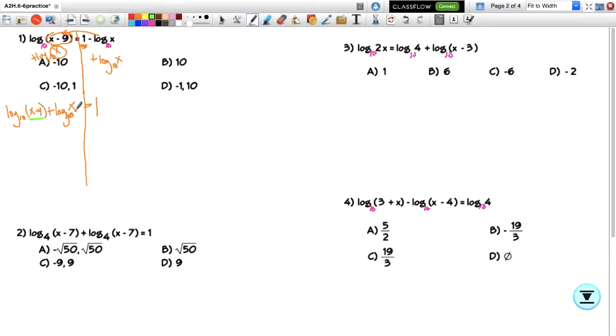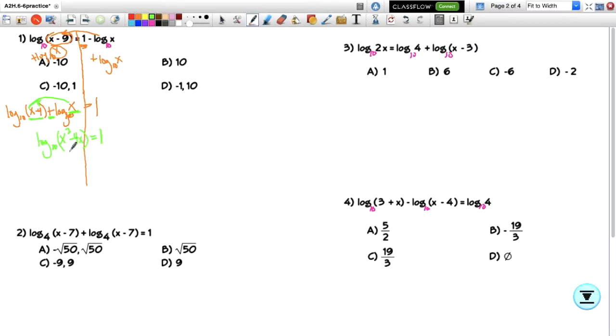So I'm going to take both of my ofs. Again, because they're being added, I'm going to multiply these two pieces together. This is a binomial, this is a mono, so I'm going to distribute it into both of those. And I end up with log base 10 of x times x, which is x squared, and negative 4 times x, which is negative 4x, equals, and then there's nothing to simplify here.